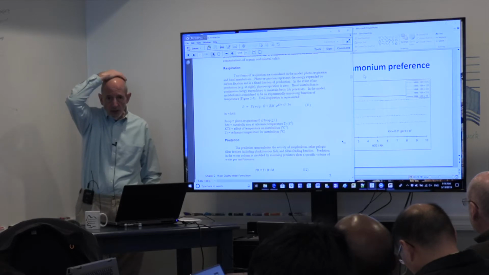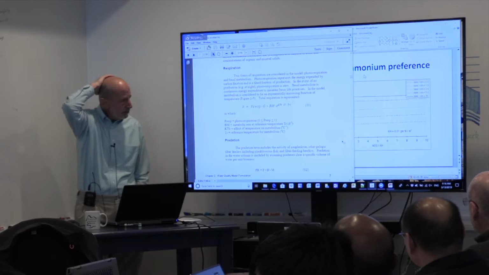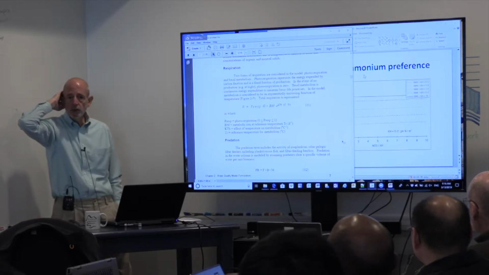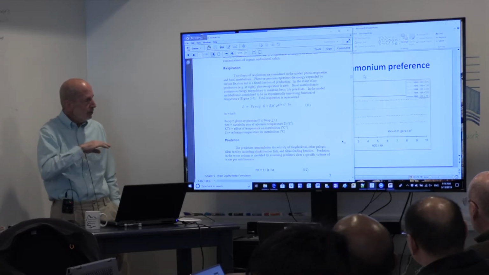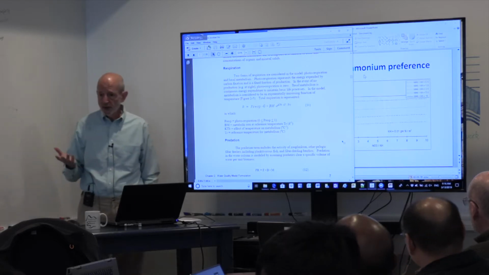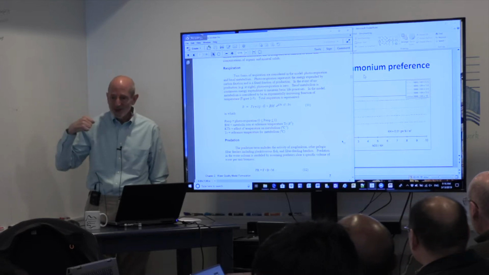Photorespiration is the energetic cost of photosynthesis. Basically, photorespiration is a fraction of the growth. If I computed the gross carbon fixation, there's an energetic cost of fixing that carbon.